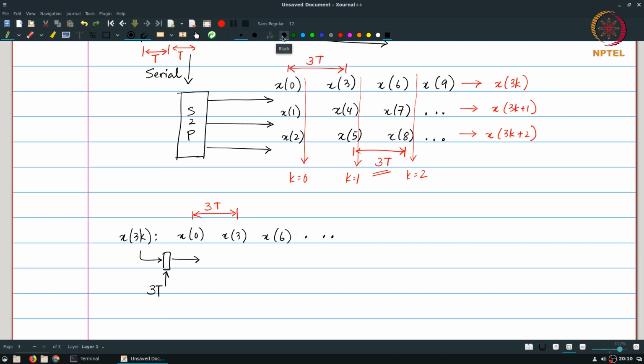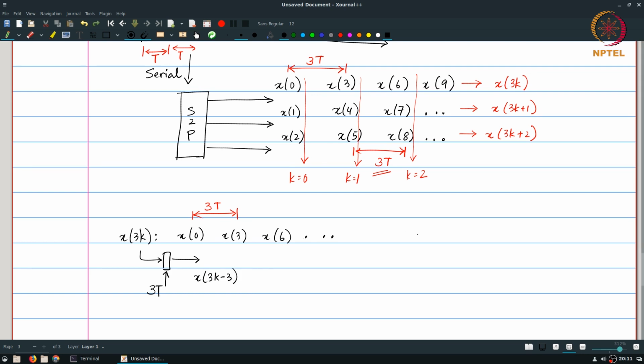So if I have a register with this slow clock applied to it, what I'll find is that after applying this delay, effectively what I get over here is going to be the sequence x of 3k minus 3.